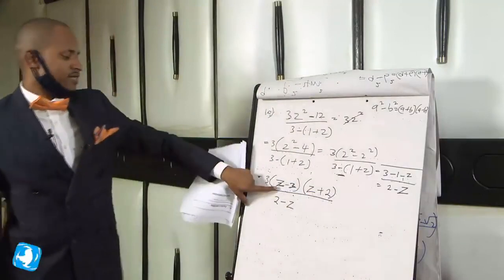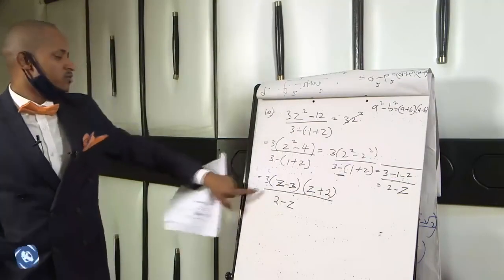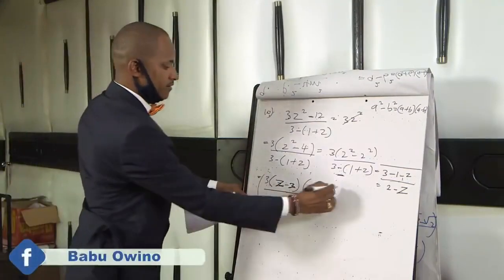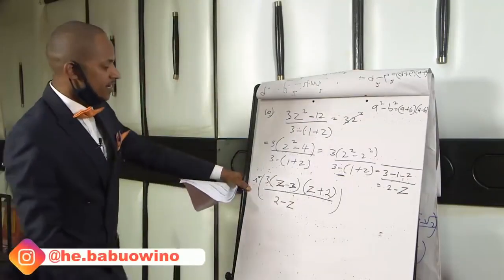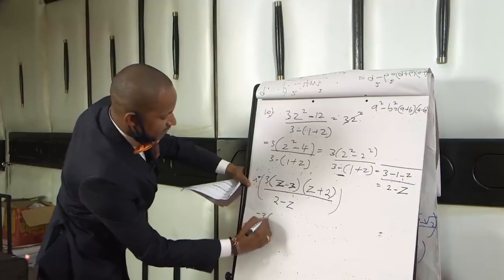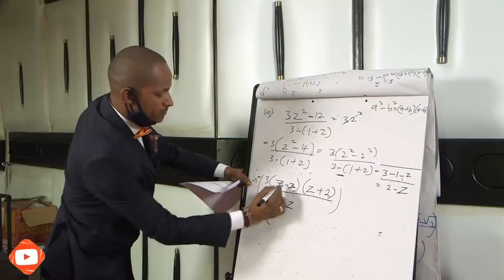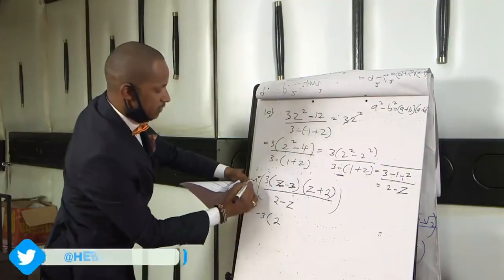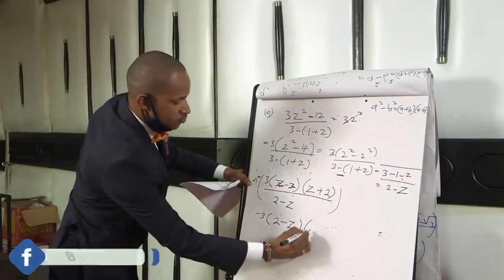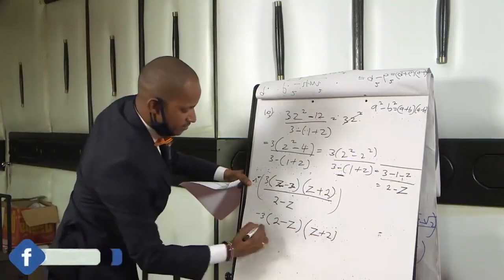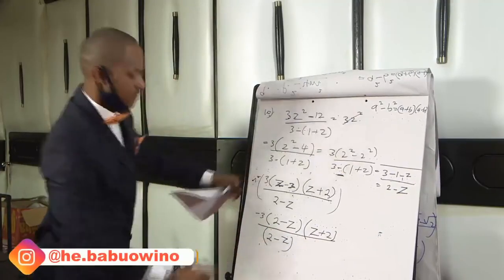Again, there is a relationship between z minus 2 and 2 minus z, but we introduce a negative 1 at the numerator. So when you introduce a negative 1 at the numerator, we will have negative 3 into, this is z, minus 1 times 2 times minus 2 is 2. Then minus 1 times z is minus z into z plus 2. This remains. You divide by 2 minus z.